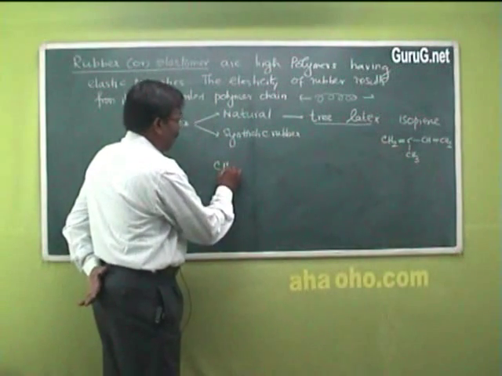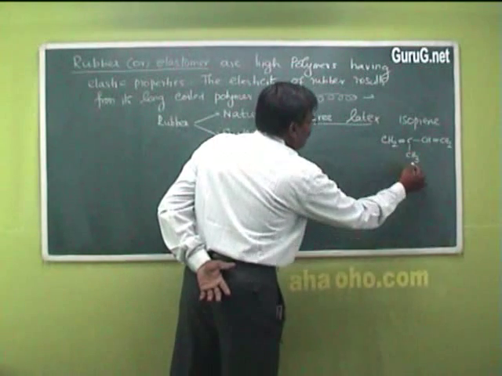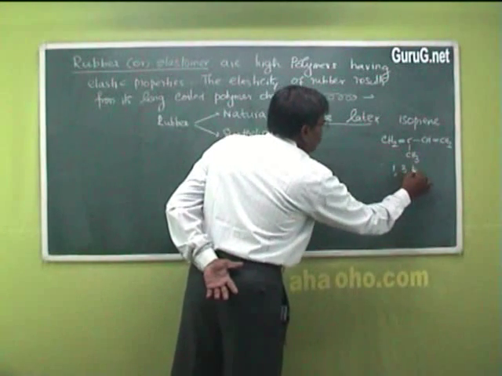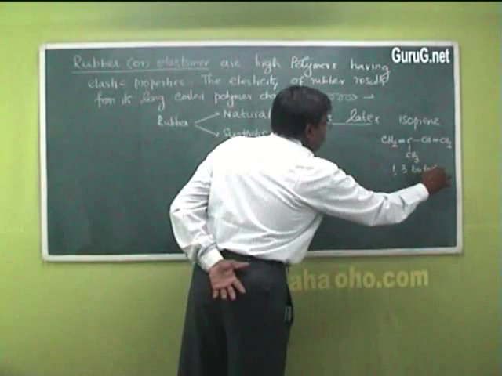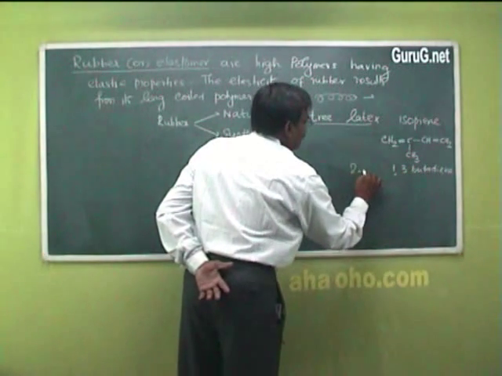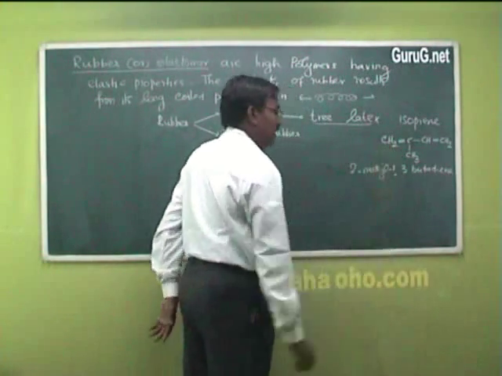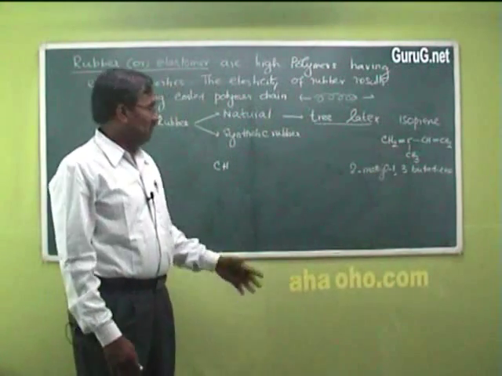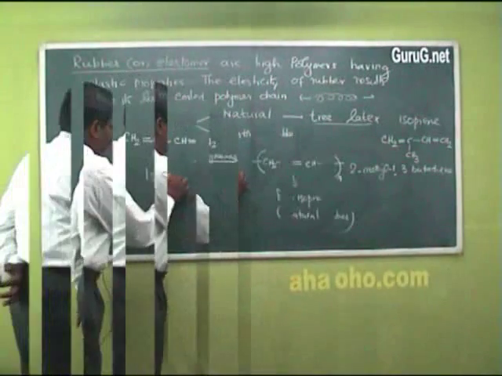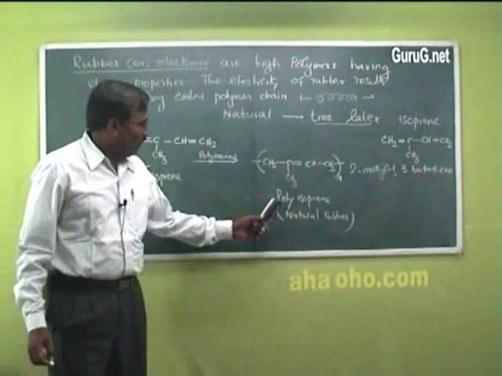The isoprene unit, this is isoprene, is a substituted derivative of 1,3 butadiene, that is 2-methyl 1,3 butadiene, which is the IUPAC name of this compound. So isoprene polymerizes to give polyisoprene.